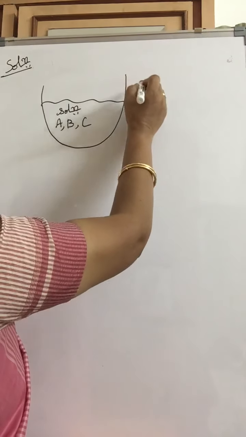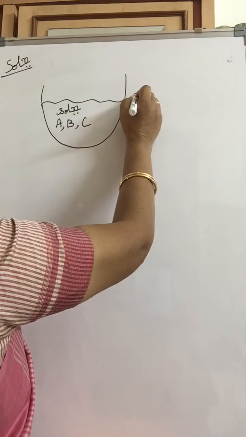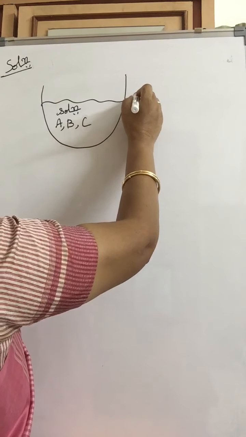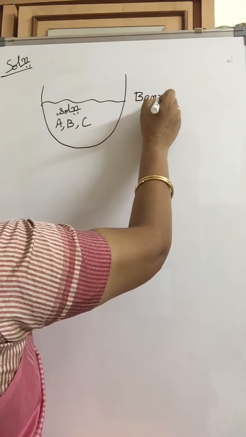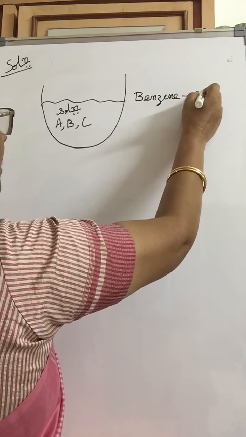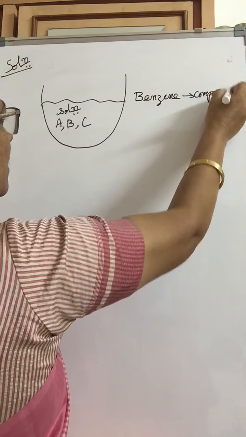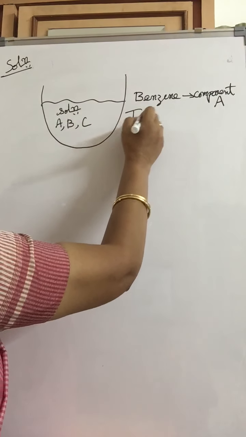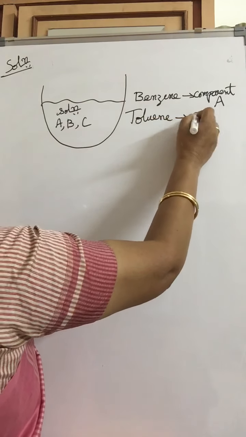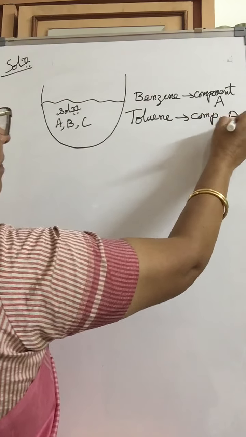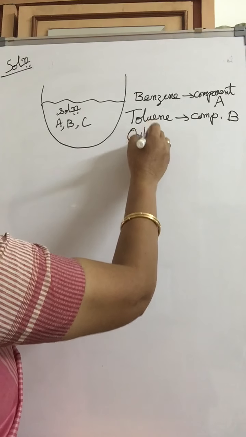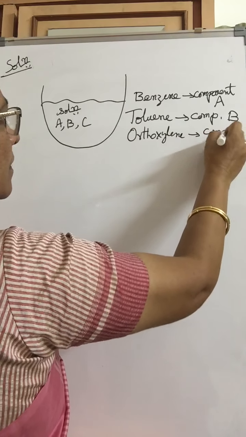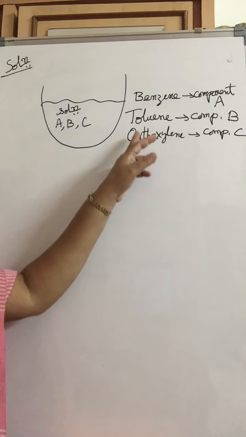So the very first step you should write is to name which one is component A, which one is component B and C. Benzene, let it be component A. Toluene, component B. And orthoxylene, component C. This is the very first step you need to write.